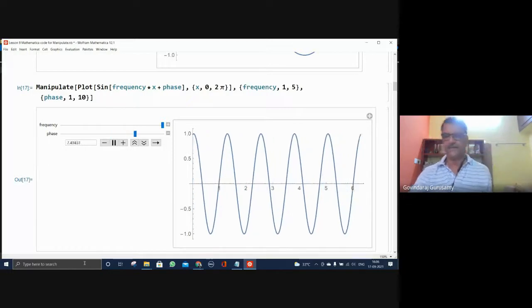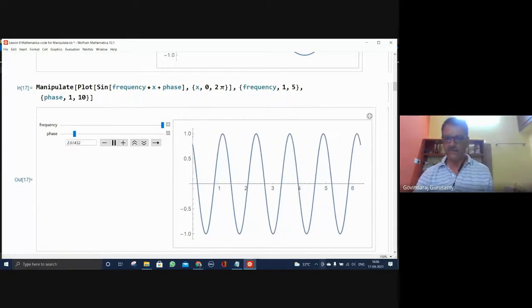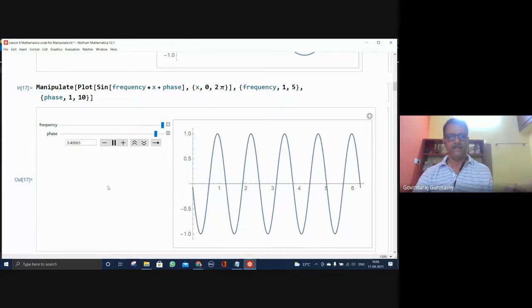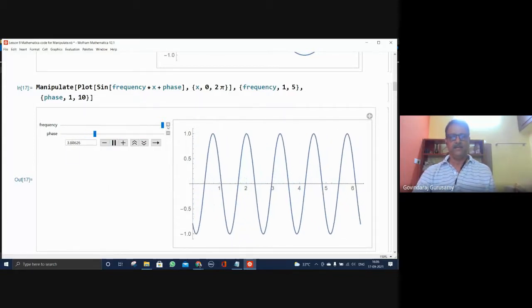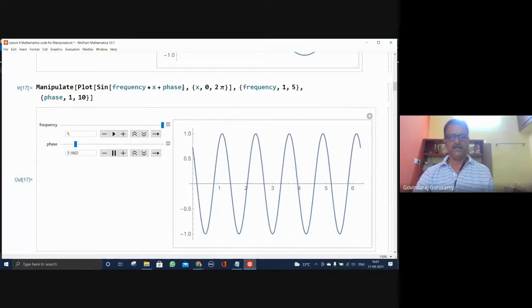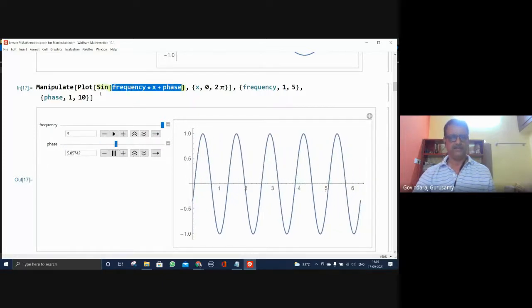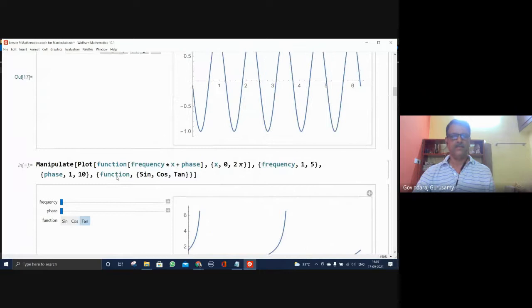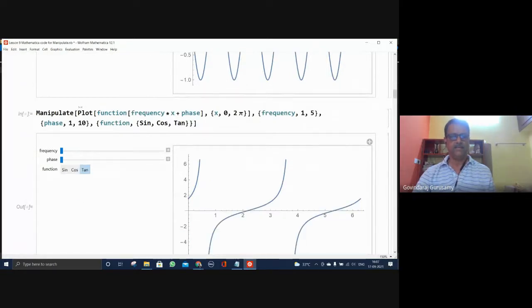Every time the phase is different, but this whole range of 5 waves is available because we have taken frequency up to 5. So this is another way of adding more than one variable within the function to manipulate.